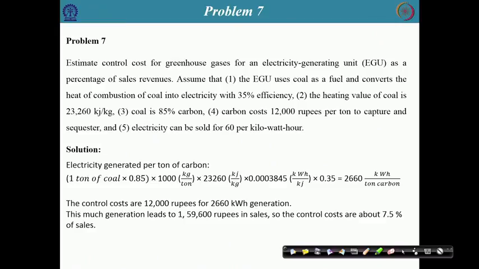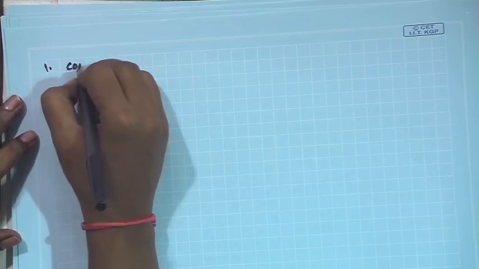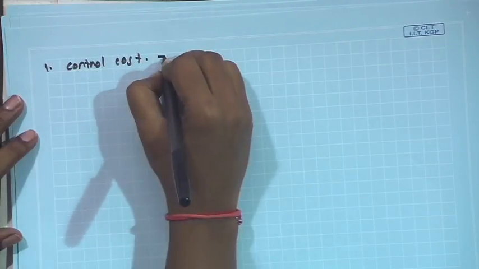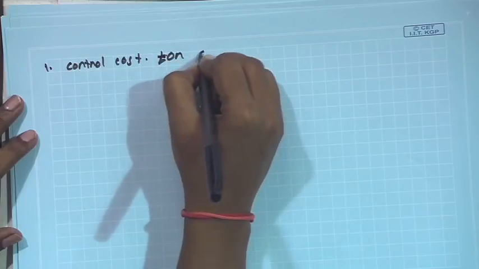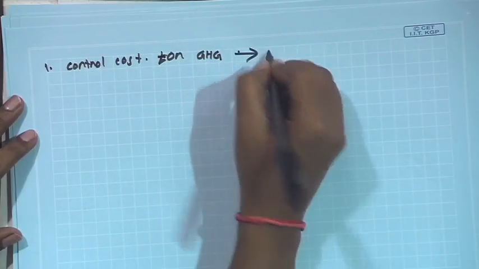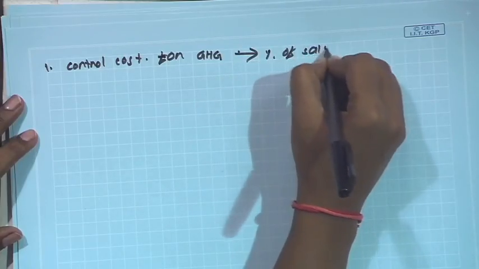So, in the question, first we have to determine control cost for greenhouse gases in terms of percentage of sales revenue.